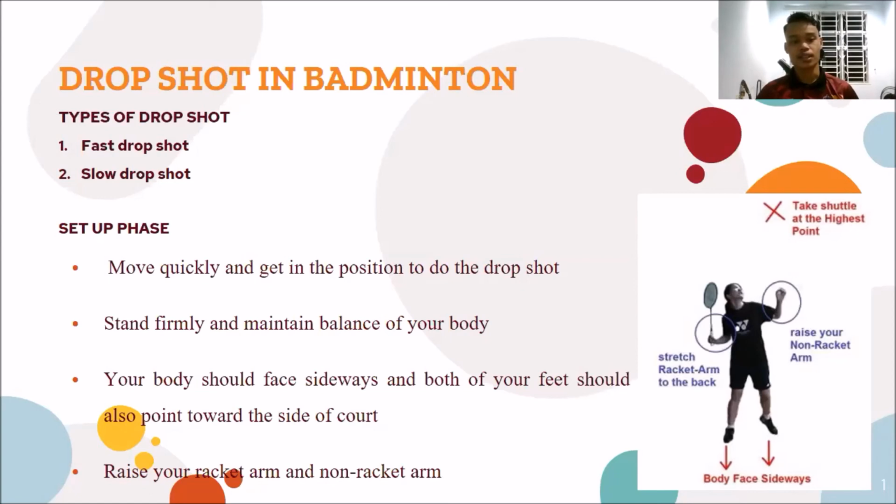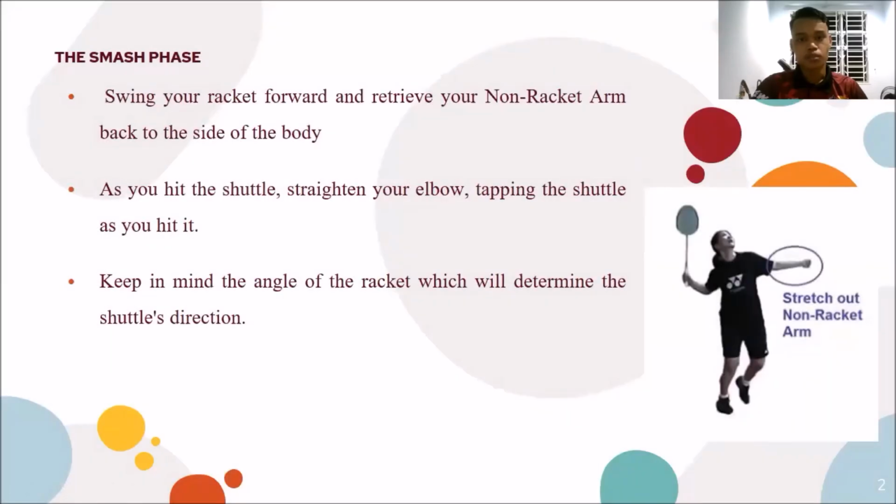Next is to raise your racket arm and non-racket arm. We will see the picture that I have provided on the right slide. You can see the left and the right arm we have raised. In the smash phase, swing your racket forward and retrieve your non-racket arm back to the side of the body.